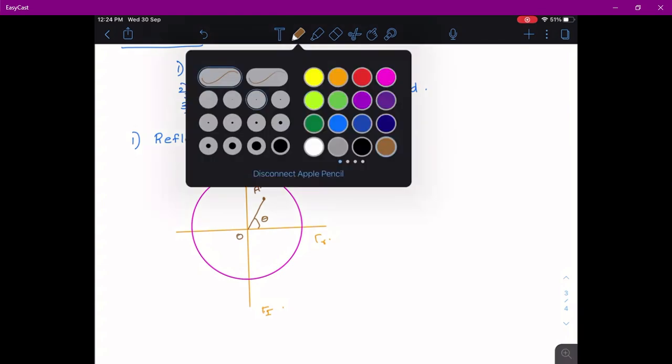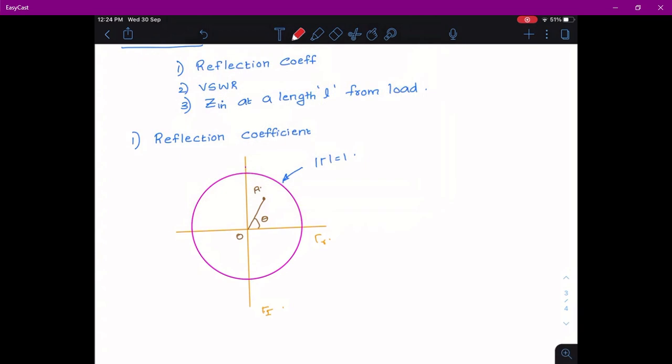So if you want to measure the reflection coefficient at A, what you can do is extend this point to the outer circle. Let me mark this as B. Okay, and we know that OB has the magnitude of reflection coefficient equal to 1.